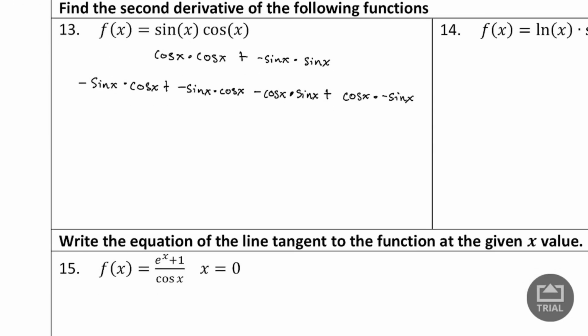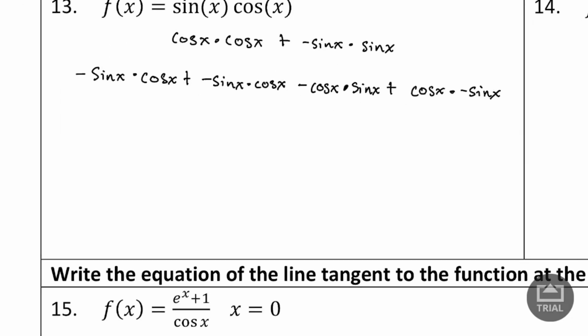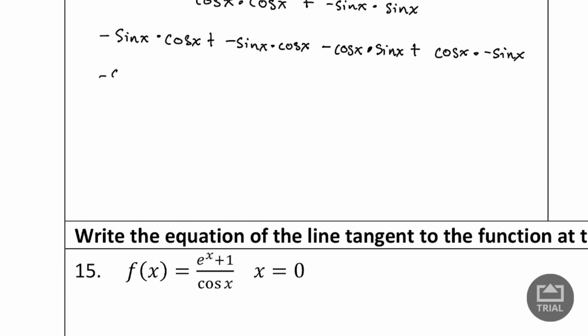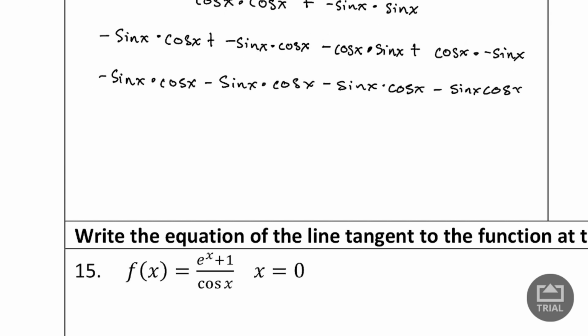Now, we could obviously regroup all of this. So it would be negative sine x times cosine x minus sine x times cosine x, and same thing, minus sine x cosine x.